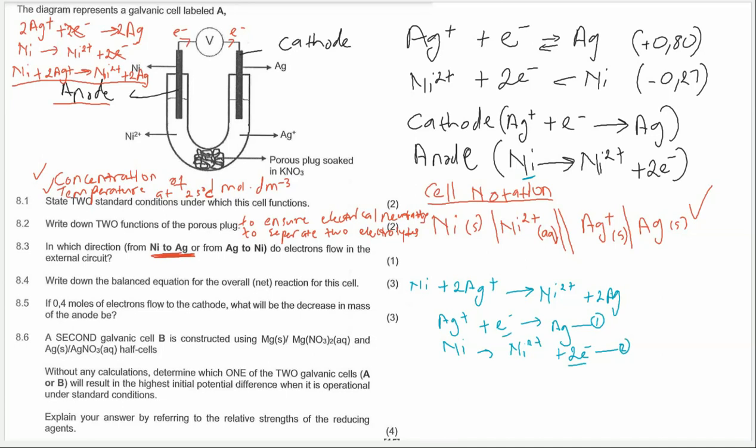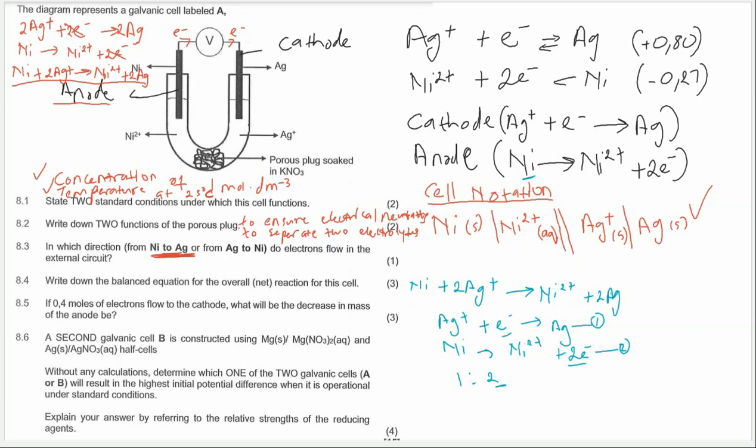So we need to use that type of ratio. So for the anode you're going to have 2 electrons, and for the cathode it's 1. That's the ratio between electrons in anode and cathode.